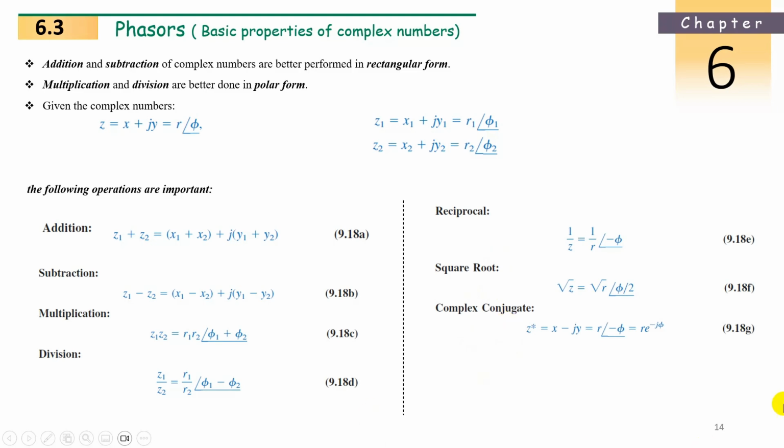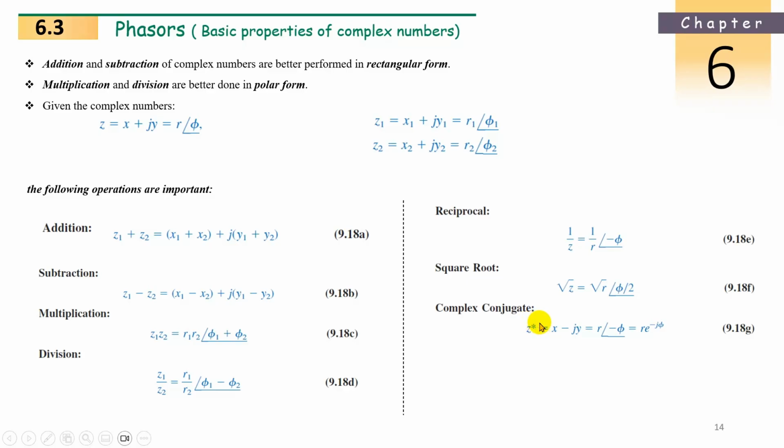Complex conjugate. What does conjugate mean? The imaginary part becomes negative. Changing the imaginary part, the j part, from positive to negative or negative to positive. If it is already positive, make it negative. If negative, make it positive. That's why we call it Z star, written with a star on top.